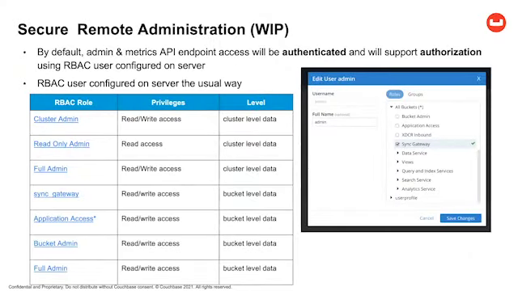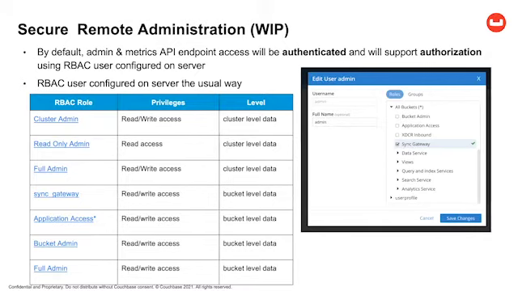Now that all the database configuration is done through the REST endpoint, it's imperative that it is secure. So starting with 3.0, all admin API accesses must be authenticated. The user that is used for admin access is configured on Couchbase Server as an RBAC user.